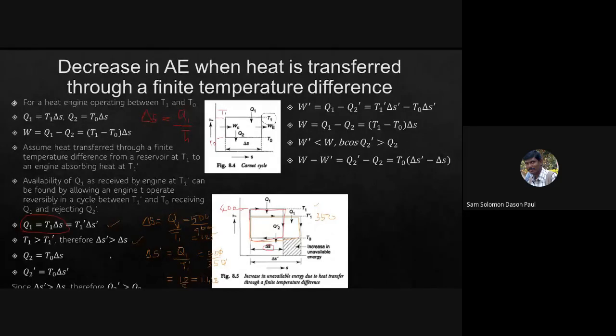Just like the previous case, since delta S dash is greater than delta S, your Q2 dash will be greater than Q2. What do you mean by this? You are rejecting more heat when running a heat engine at a lower temperature than when running it at a higher temperature. Heat rejection in the second cycle is more than in the first cycle.